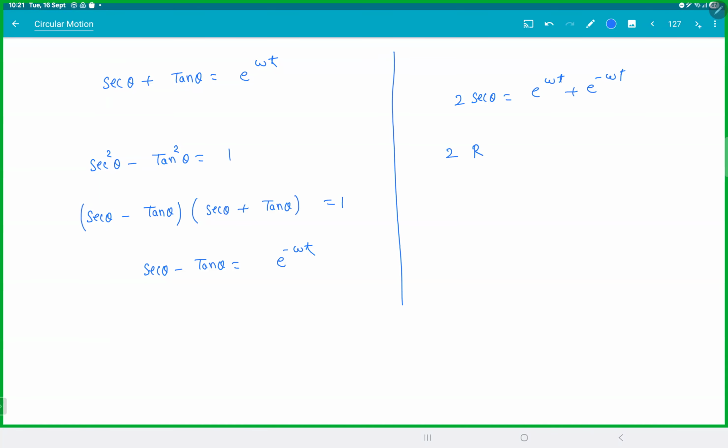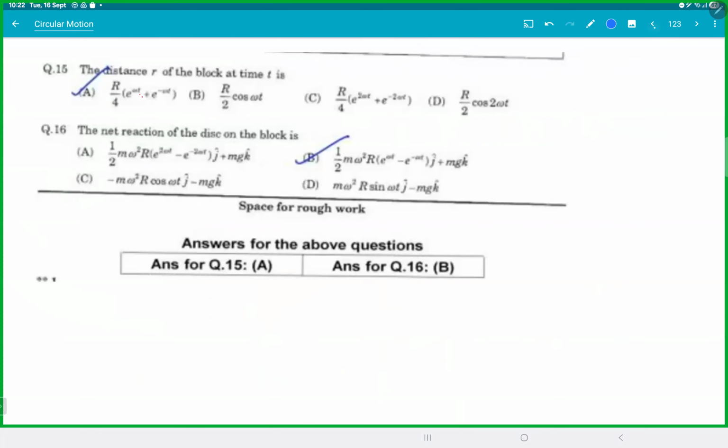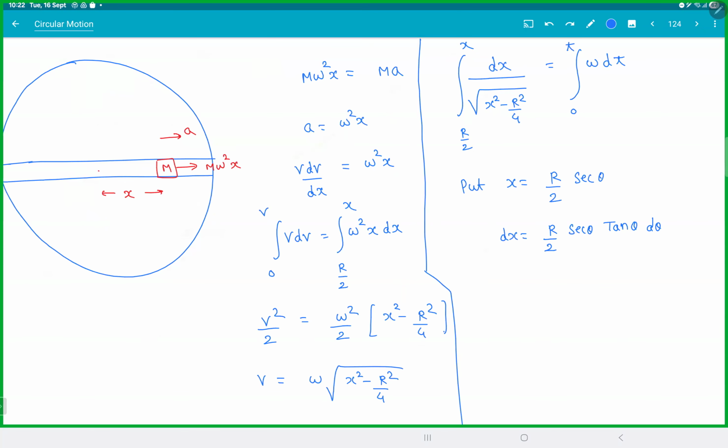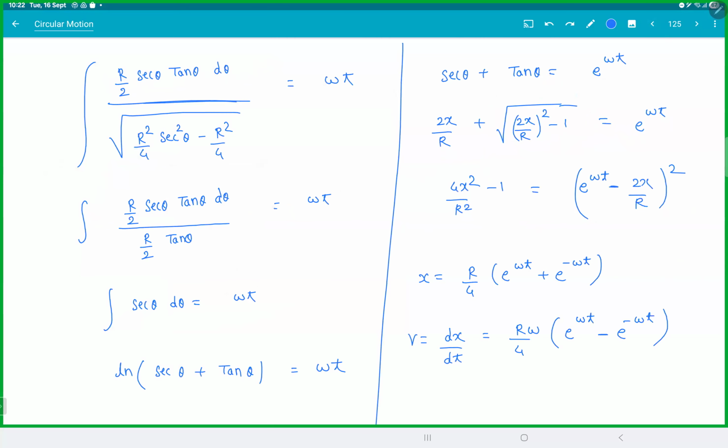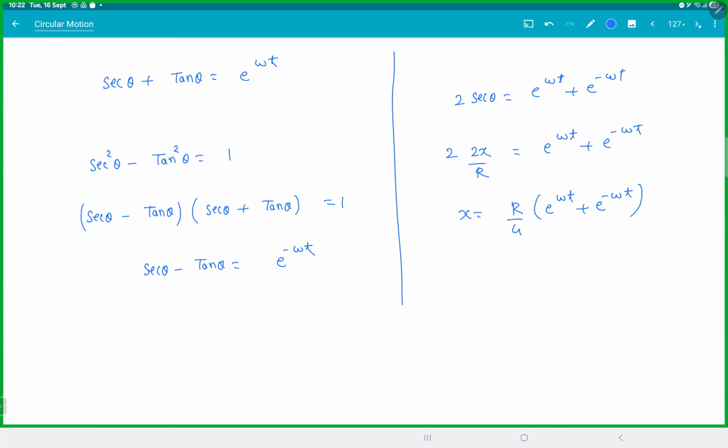This was good. What is sec theta? Sec theta we wrote as 2x by r. Anyway, if you're good at maths, you find good answers. If you're bad at maths, like me, I would have solved that quadratic. Anyways, clear with this? You could have got that without that quadratic thing.